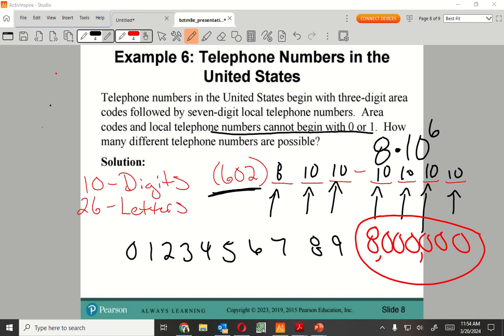So if we have the same for each one, do we have millions of people in the Phoenix area? No, we don't. There's less than 2 million in the Phoenix area. So using those area codes, we could have up to 24 million different phone numbers just in the Phoenix area.